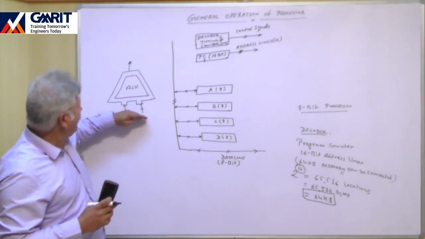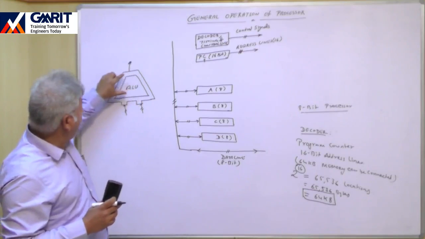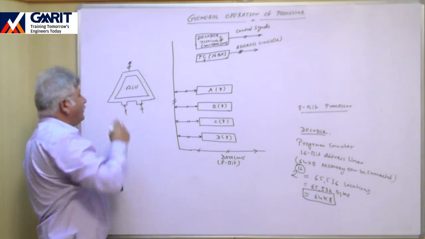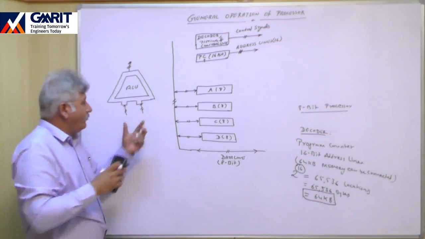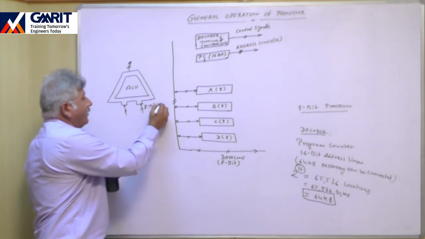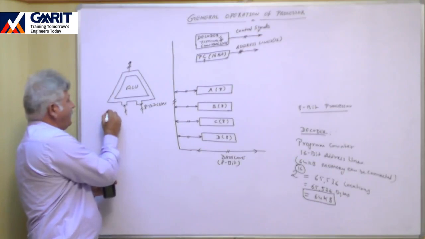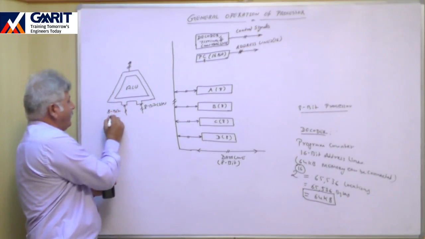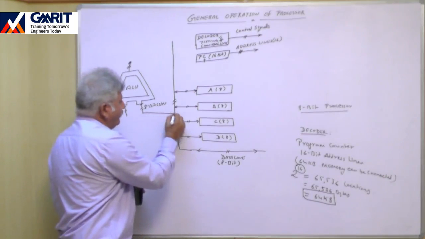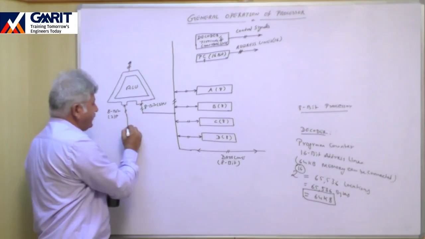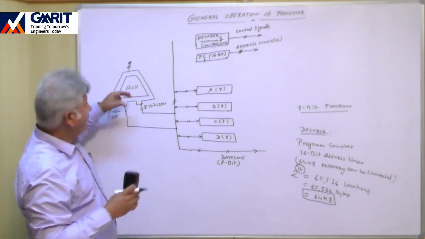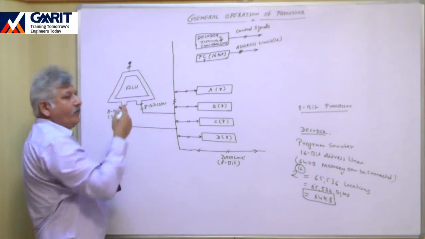After performing the arithmetic and logical operation, it generates an output. So we have two 8-bit inputs. This is an 8-bit input, this is also an 8-bit input. These inputs are coming from these data buses. After performing the operation, it will generate the output, and there will be only one output.